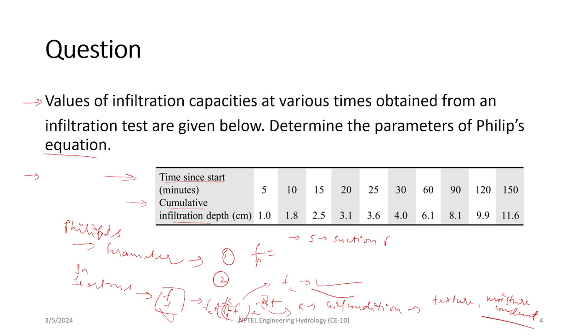Then another one is saturated hydraulic conductivity. That is a parameter from the Darcy equation as well, right? Do you remember? K is a parameter of Darcy's law. So we have to quantify these parameters.